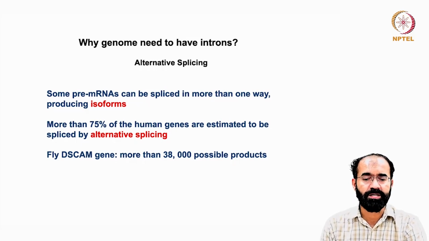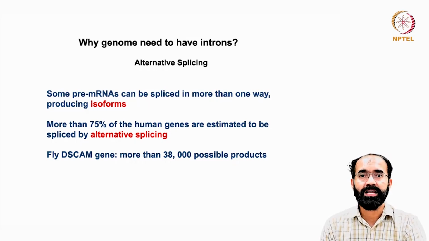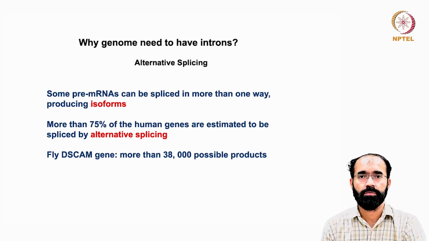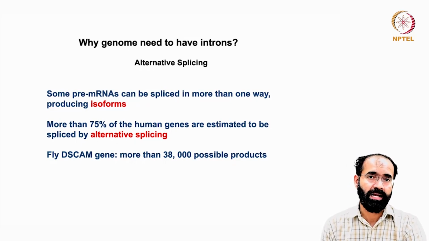More than 75% of human genes are estimated to be spliced by alternative splicing. I already told you that we have only 23,000 coding genes present in our genome, which is far less than the required number of genes considering a complex organism such as human. So it is believed we should have around 1 lakh genes. It's a ballpark figure, a crude number, but 23,000 is nowhere close to 1 lakh.